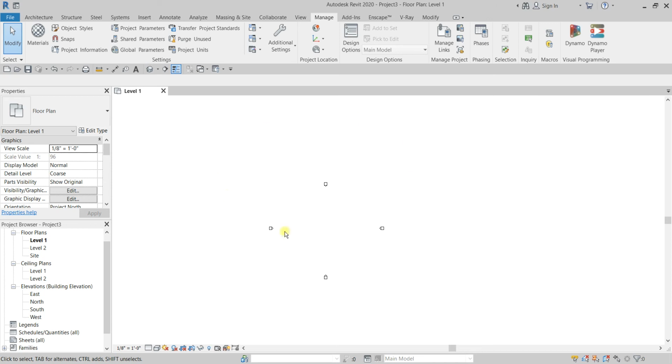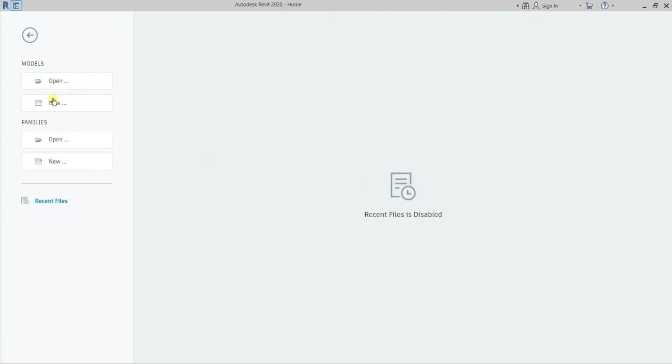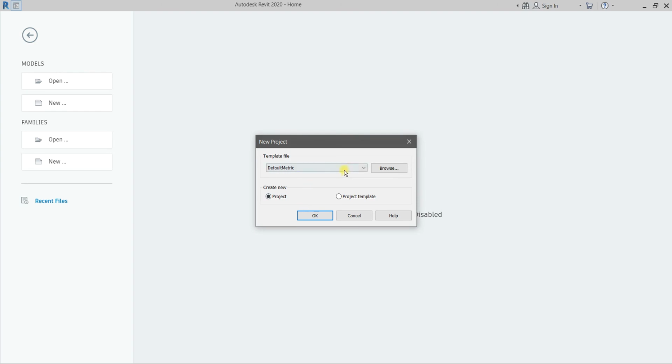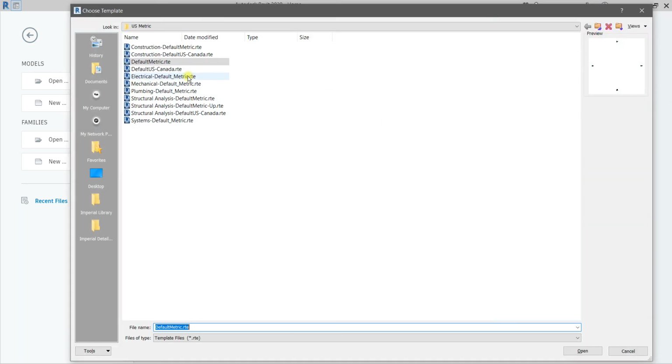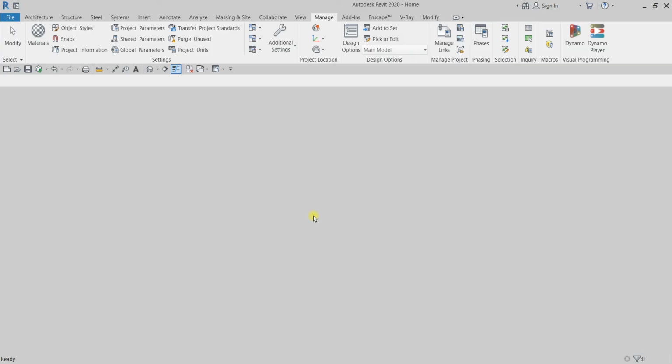So this is the imperial unit we have as our template. I will close this one without saving and open the metric template to show you how it works. This is under the US metric. I open that one and click OK.